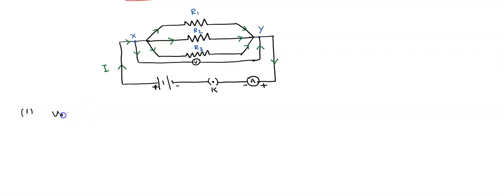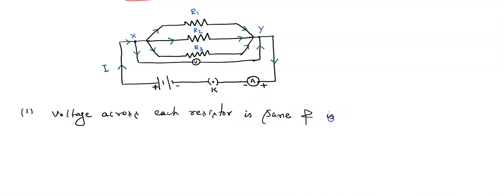Children, here the voltage across each resistor is the same and is equal to the applied voltage. It means that the voltage across each resistor is the same. In this complete circuit, voltage remains the same.